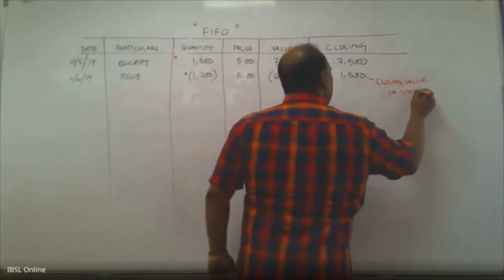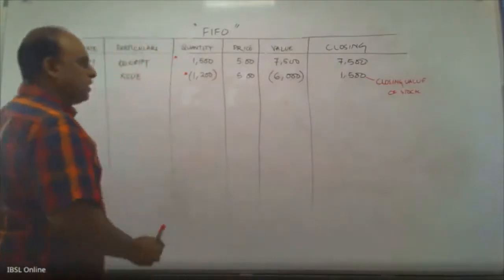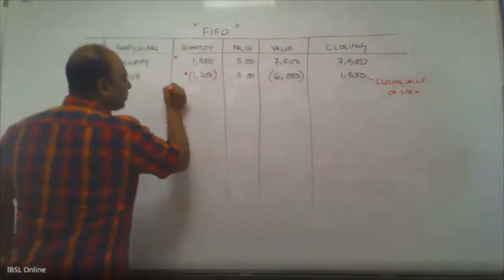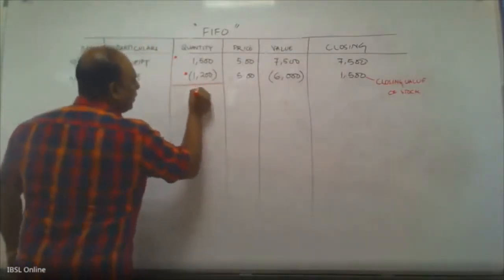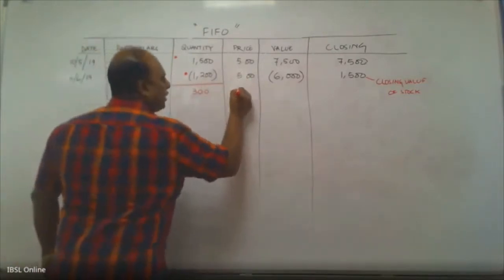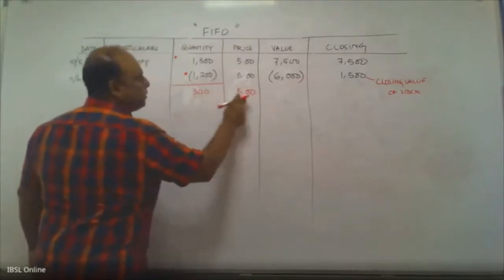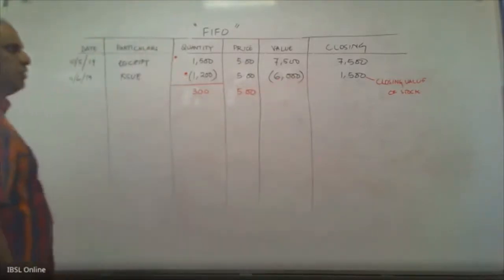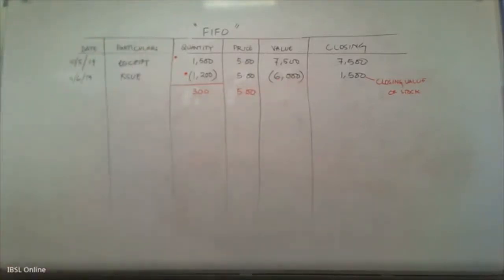But how did you get that value? You see, 300 units here at the rate of 5 is 1,500. Do you see?